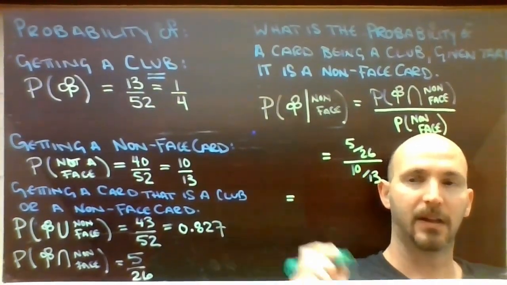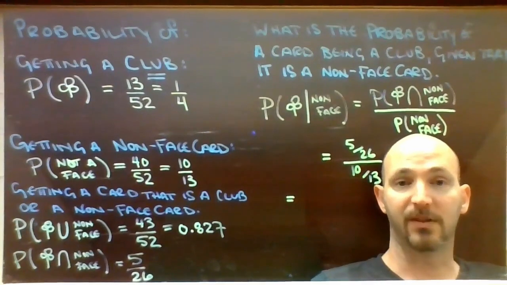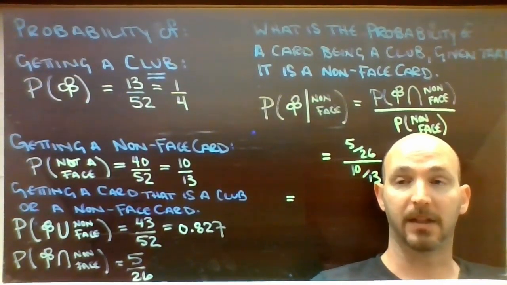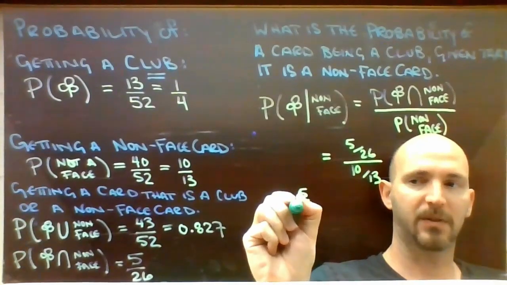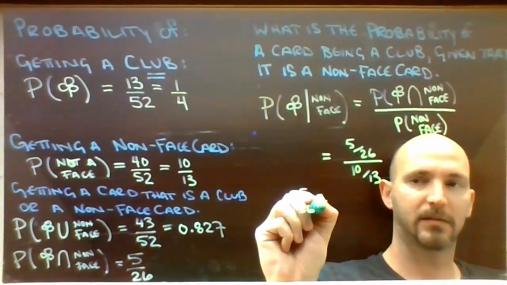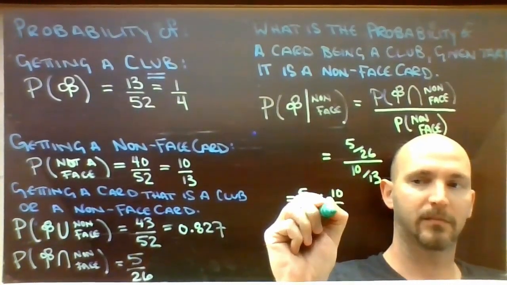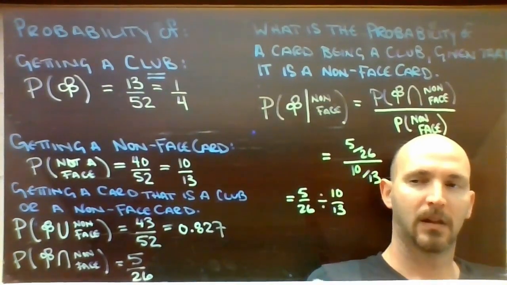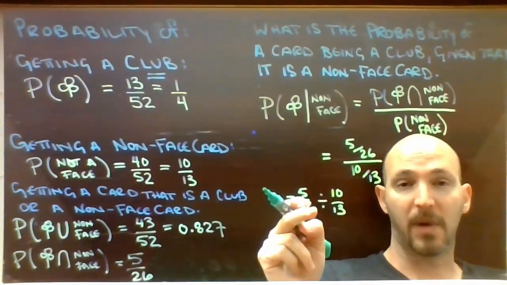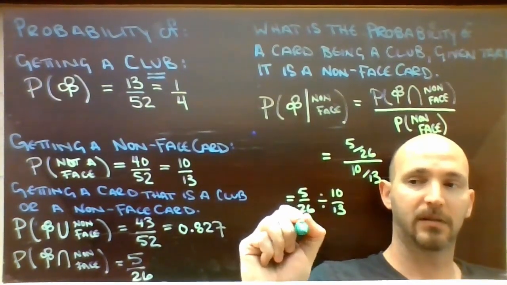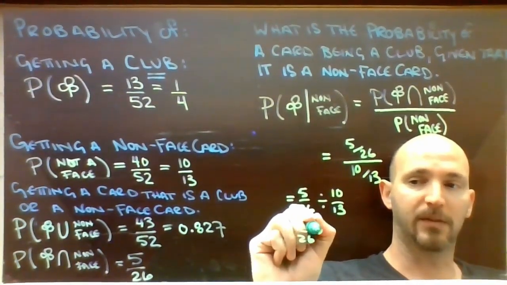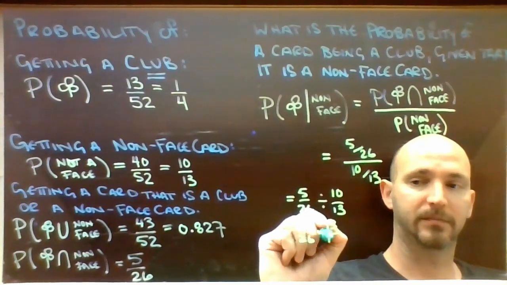Now, you're going to have to get your fraction skills in order to work something like this out. I have a fraction divided by a fraction, so I'm going to write it this way. There's a rule you may have remembered from grade 5 where if you divide by a fraction, you invert and multiply.